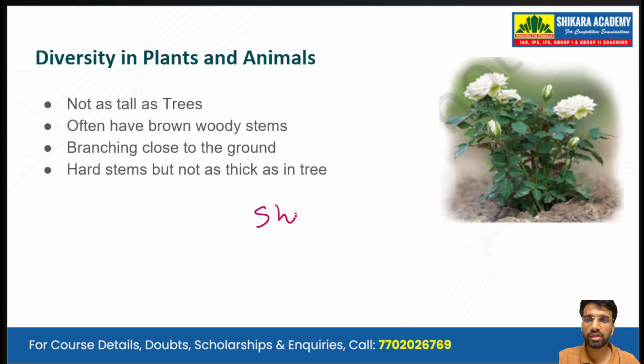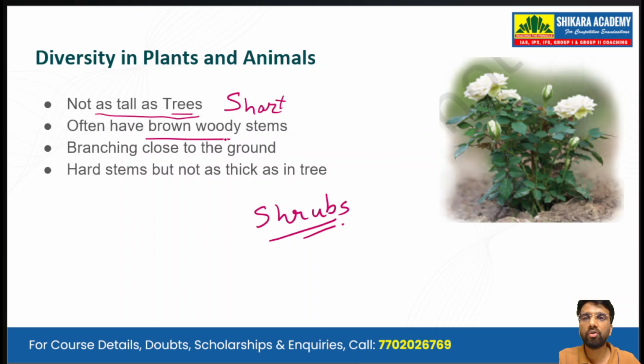The other category is shrubs. So shrubs are not as tall as trees. They are often short. Often they have brown woody stems and their branching is close to the ground.